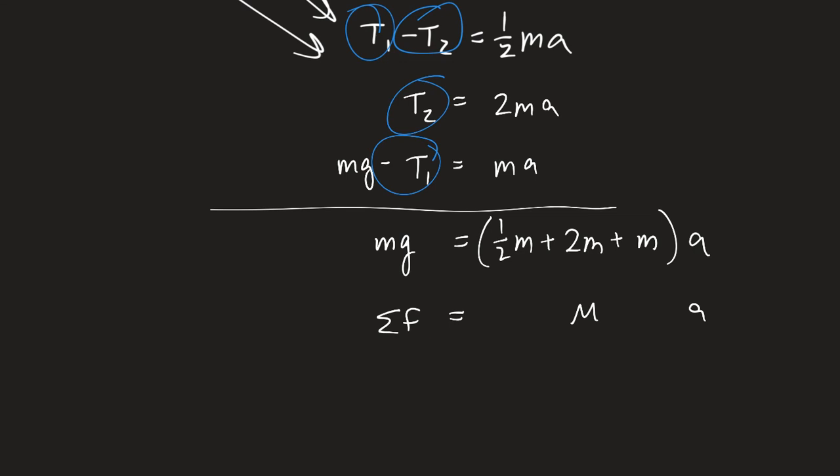Inside here, I have something for each object that has inertia. The mass on the table shows up, the mass that's hung shows up, and now the pulley shows up. So if three things have inertia, there should be three things here. All of them share the same acceleration.